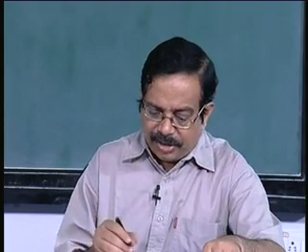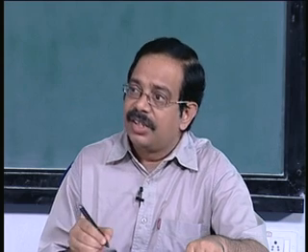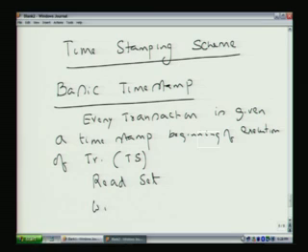Now, as the transaction starts executing, you are looking at its read set and its write set, and then you are deciding, in terms of the read set and the write set, what are the timestamps of these data items, and making sure that the transactions are executed in terms of the timestamp order. Now, we assume that every read and write data item in the database has been given timestamp values.